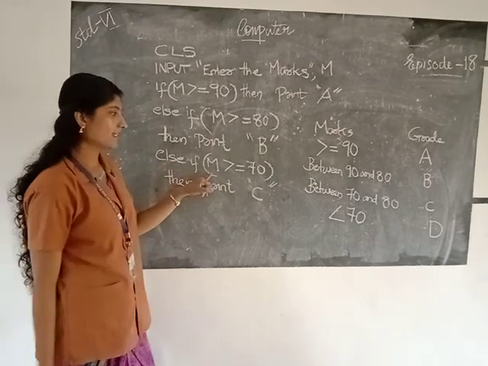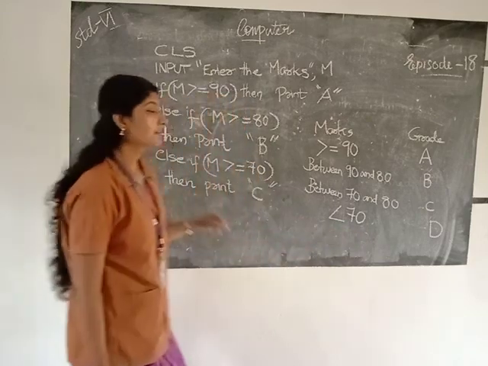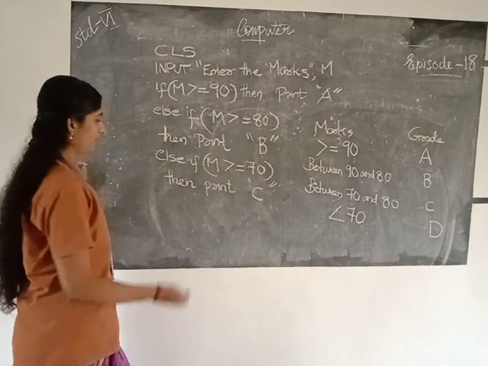Then the next and last condition, less than 70, then what is the grade? D grade.